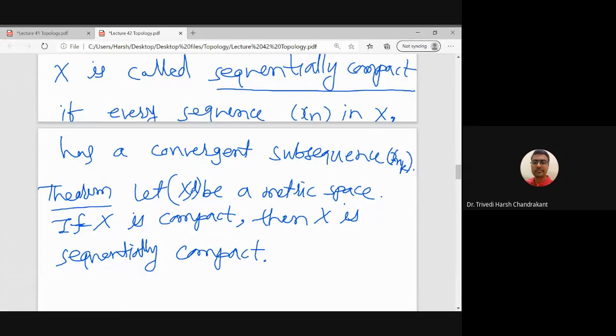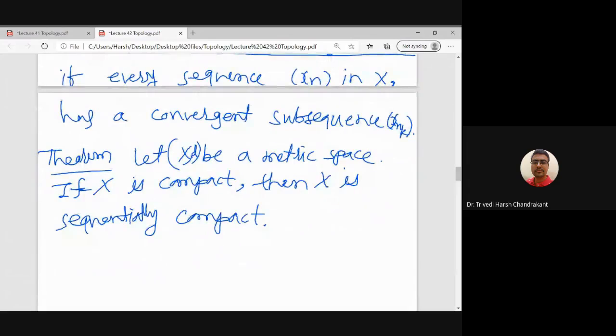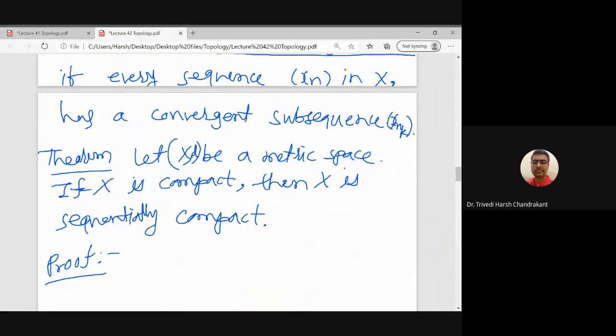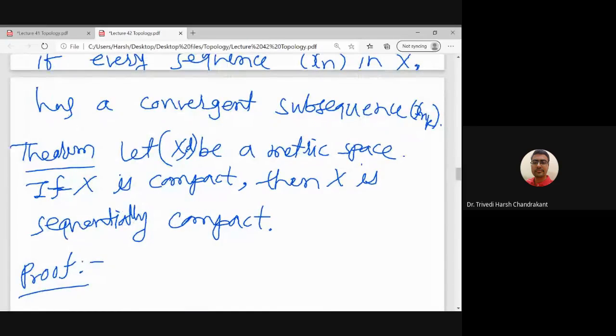This result we want to prove, and we will use the finite intersection property, which is basically what we proved in the earlier theorem.